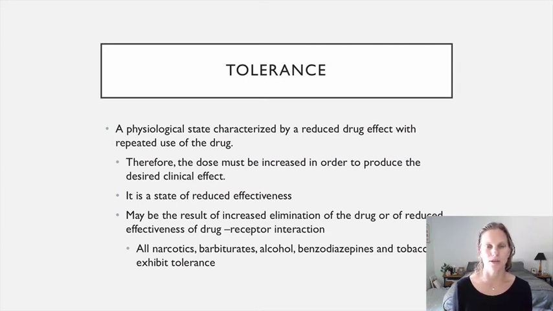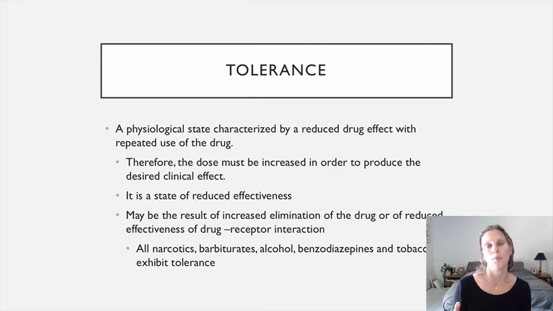Why this tolerance happens, we're not really sure exactly, but it most likely has to do with the body getting more accustomed to having that drug and or those neurotransmitter levels elevated and or depressed, depending on the medication. We probably are seeing an increased elimination of the drug. So the body wises up to it and tries to get rid of it faster.